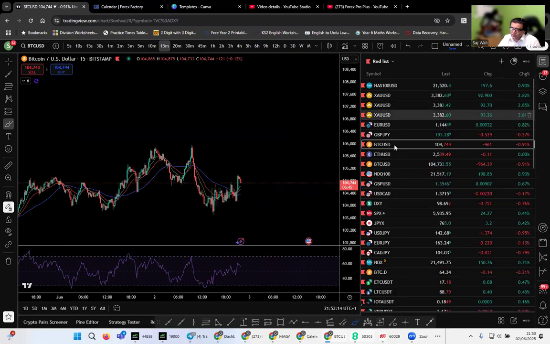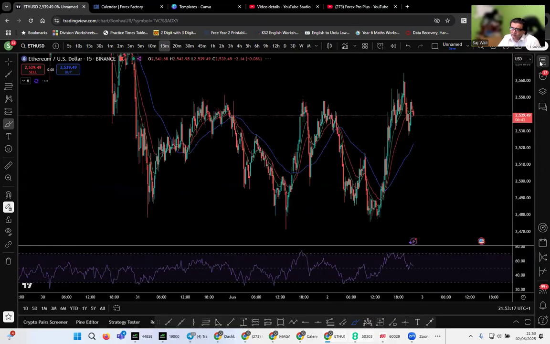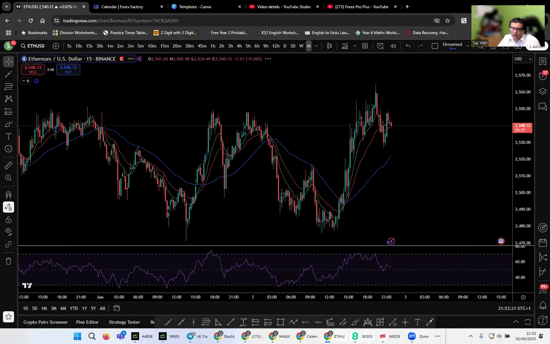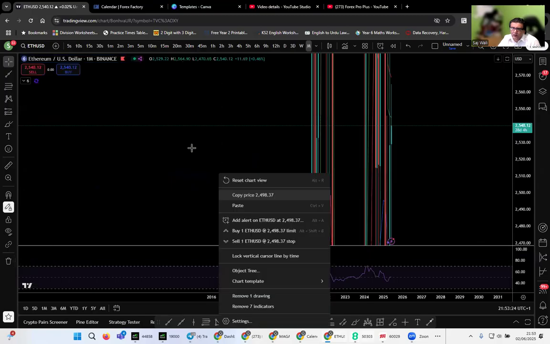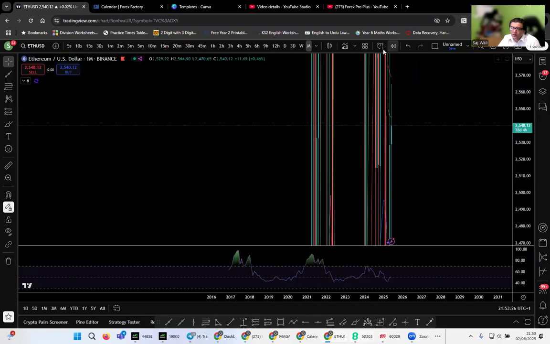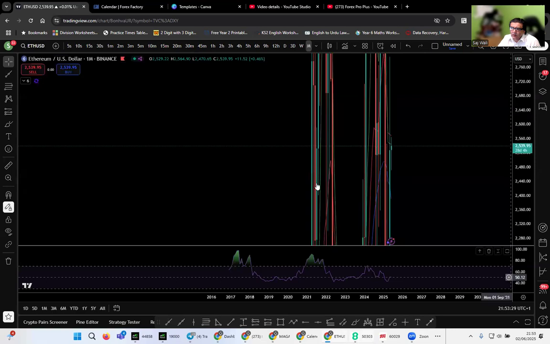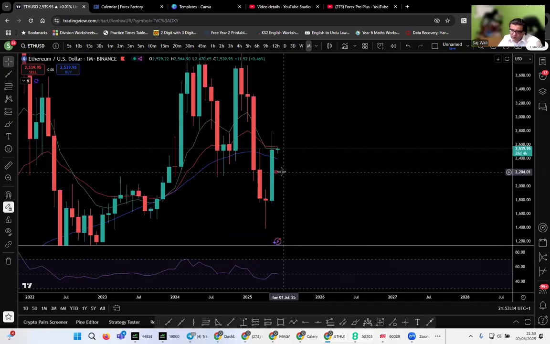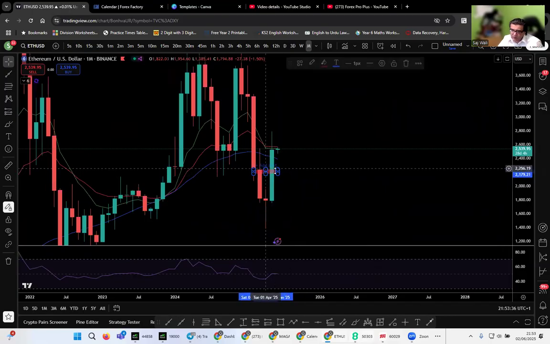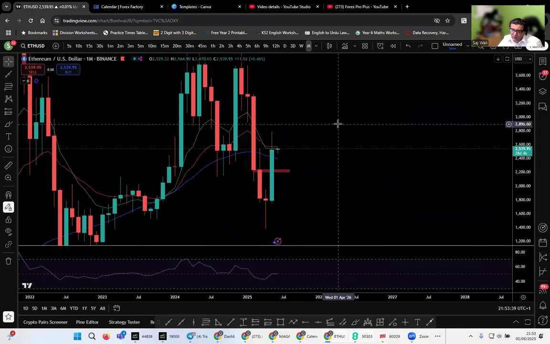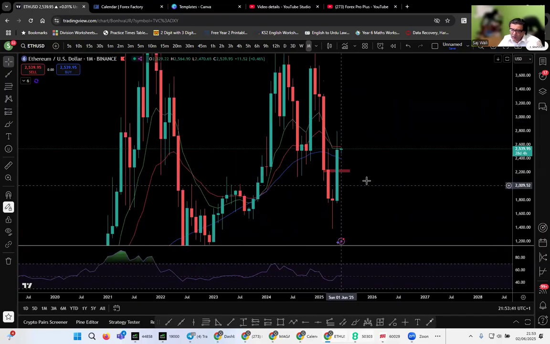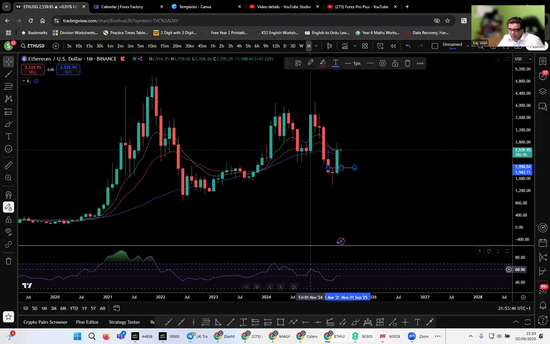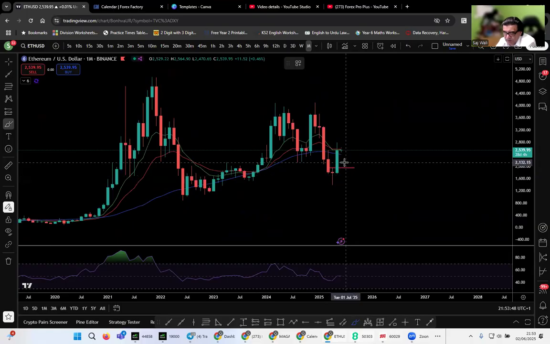Now going on to Ethereum. We had a rejection in Ethereum, and you can see this area can be tested again.